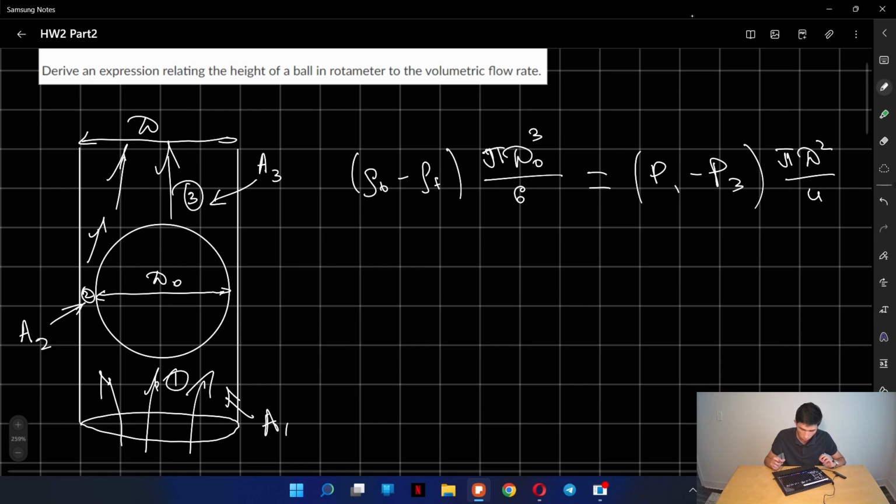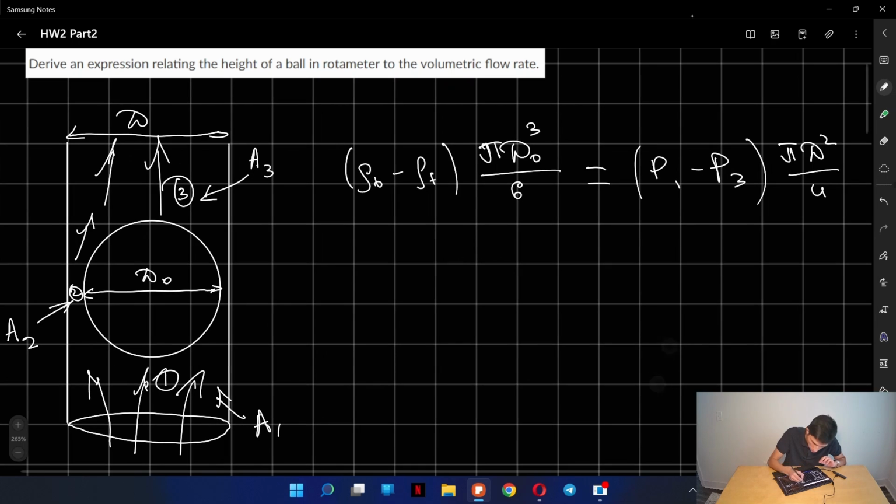What we can do from here is, clearly the pi's are going to cancel, and the D0's are going to cancel too. So what we have here is the density of the ball minus the density of the fluid, times D0 cubed over 4.